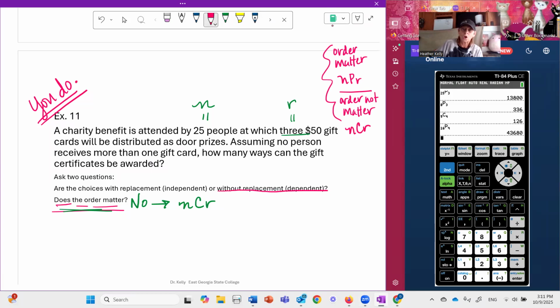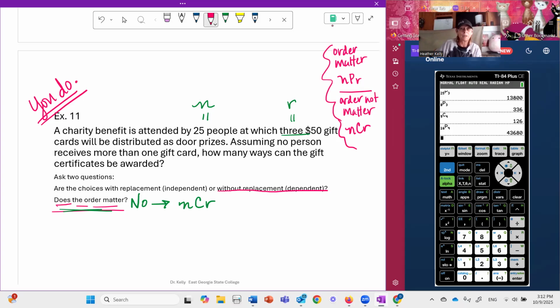Not care, nCr. Not care about the order. You don't have to make up a saying for the other one, but if you can see the nCr, the not care, I'm weird, y'all probably know that by now, then it'll stick in your head and you're like, oh, that's the one I use when I not care about the order. So I'm going to use the nCr.